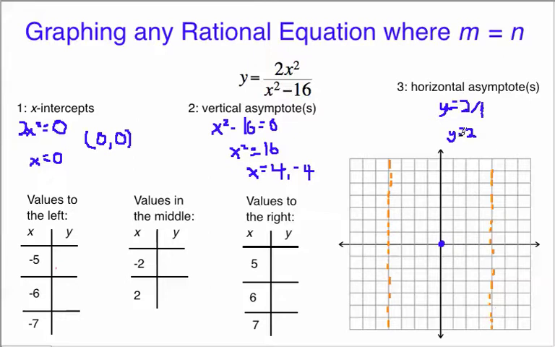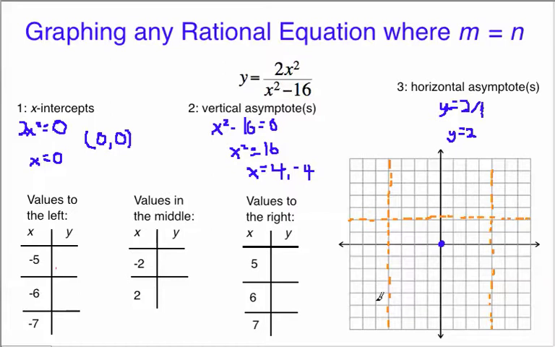Okay, and then for the horizontal asymptote, we did the leading coefficient of the top divided by the leading coefficient of the bottom. So 2 divided by 1, which is 2. So we're going to also have a horizontal asymptote right here at y equals 2.